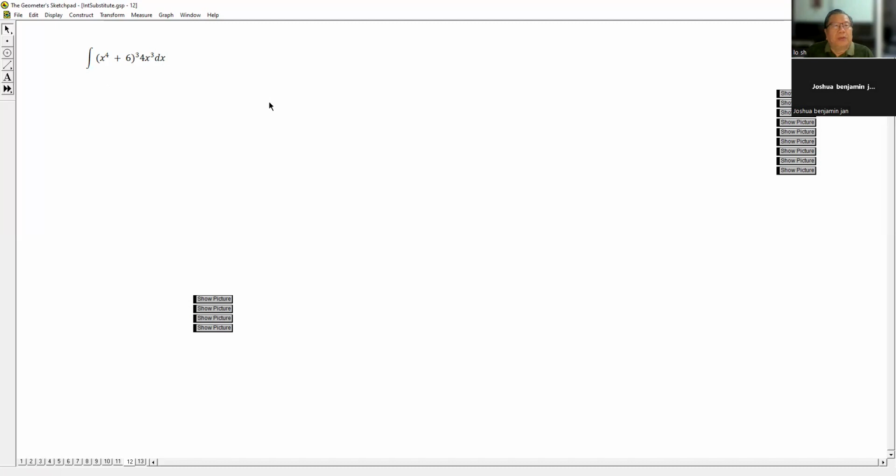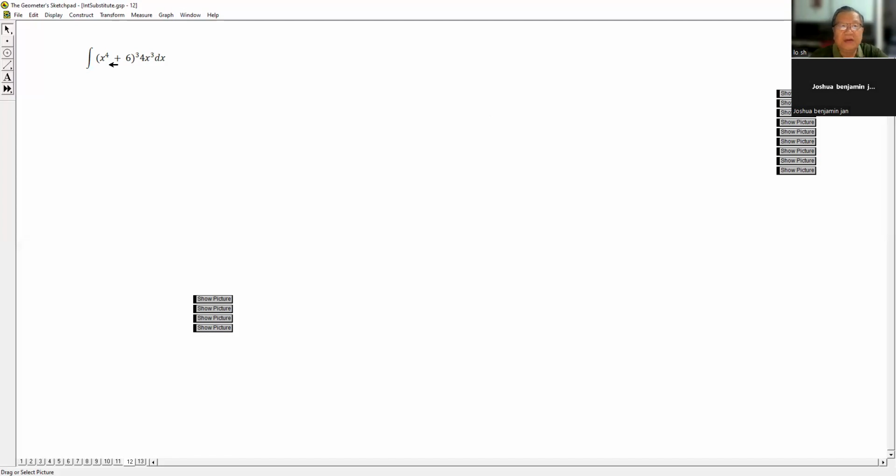Now you look at this question, what is it that makes it difficult to integrate? Because of the bracket raised to the power of 3. We don't know how to integrate it, because inside is another function.